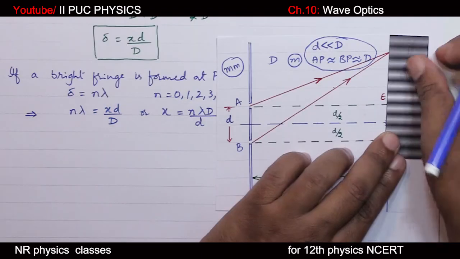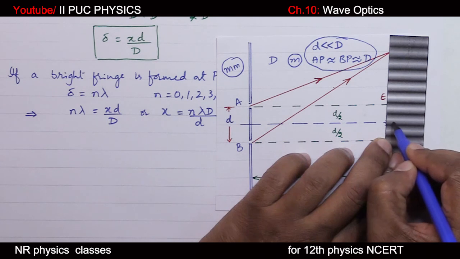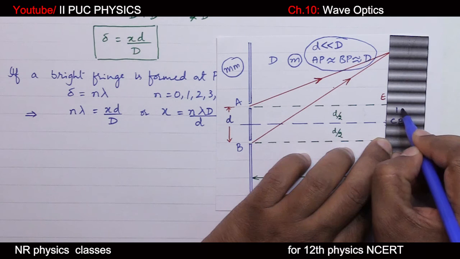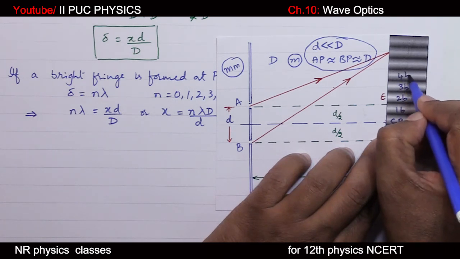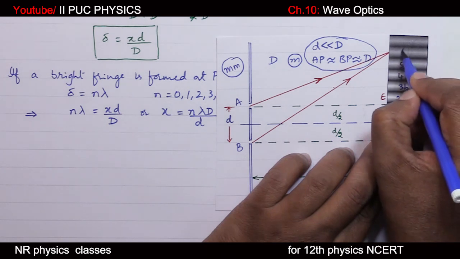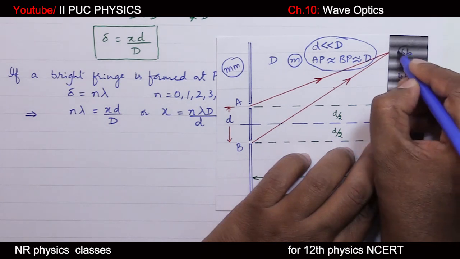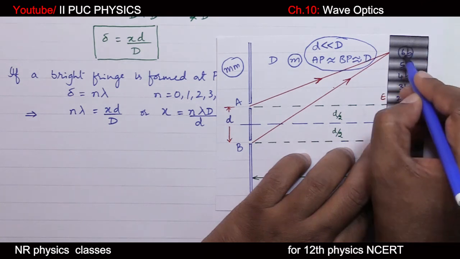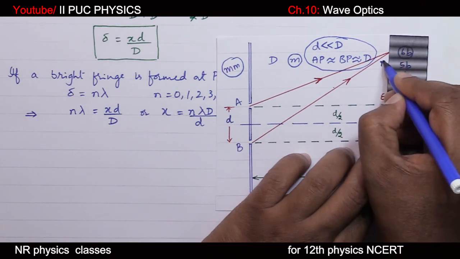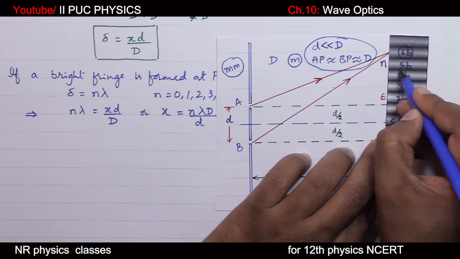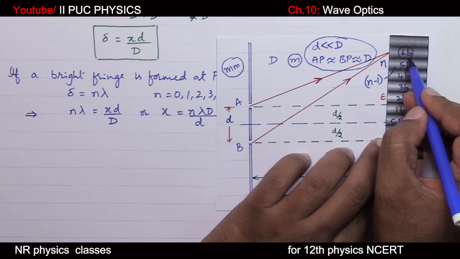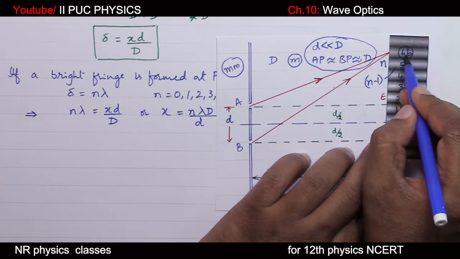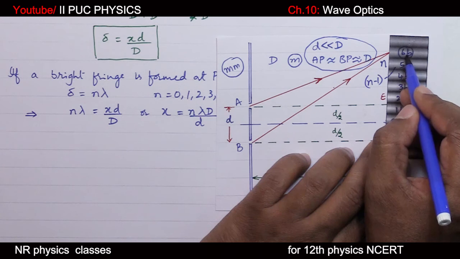This is central bright, central bright, first bright, second bright, third bright, fourth bright, fifth bright, sixth bright. Let the sixth bright be nth bright. Then fifth will be n minus 1, isn't it? So instead of mentioning that with a number, let me denote it by n.